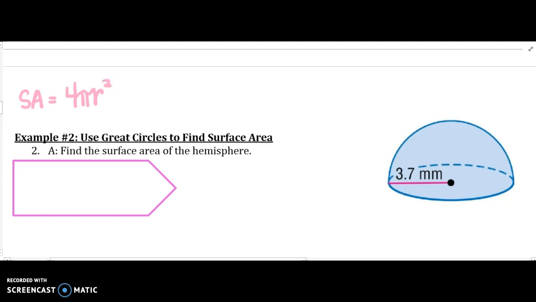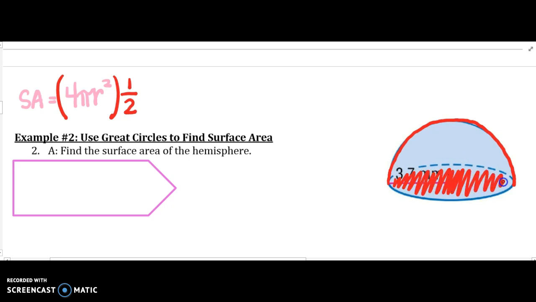I need to take half of that because my hemisphere is half of my sphere, but that only covers this part. I need to add in my great circle. So I actually need to add pi r squared because that would be the base of my hemisphere.